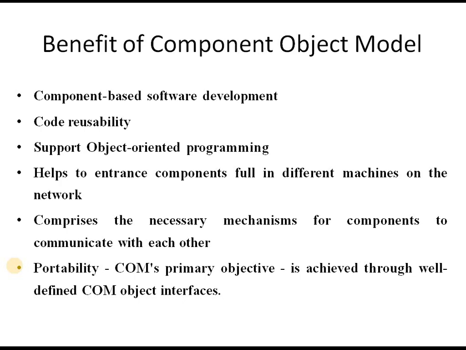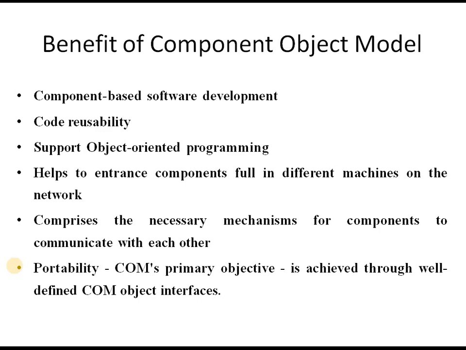Component object model helps to access components loaded in different machines on the network. Component object model components can reside anywhere on our computer or another computer on the network.